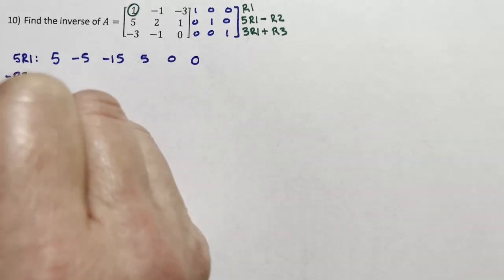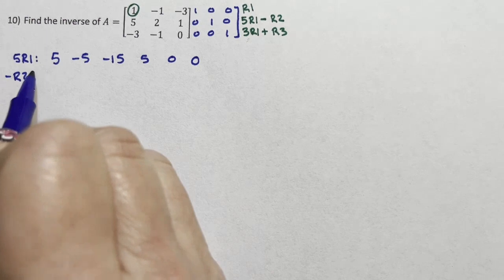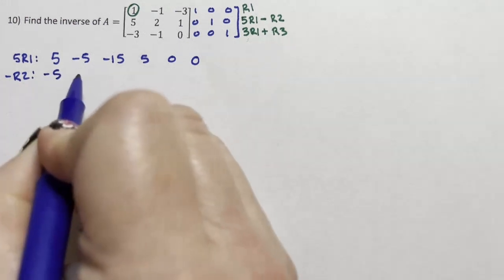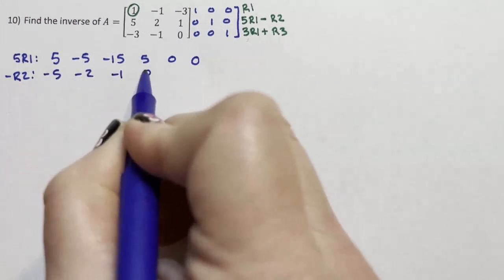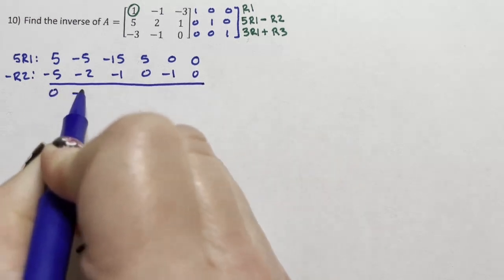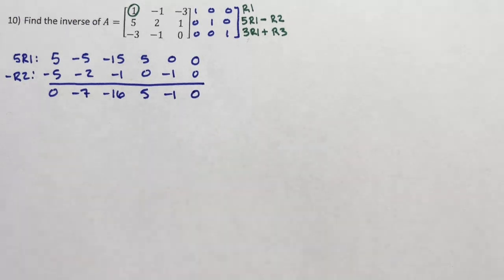And I always multiply through by a negative and then add down. I don't subtract. If you subtract, you might subtract the first few numbers. You're not going to subtract all 6. So just multiply through by the negative and add down. You'll be much more successful. So -5, -2, -1, 0, -1, 0. I get a 0, a -7, a -16, 5, -1, 0. So I've just added those or subtracted those two.